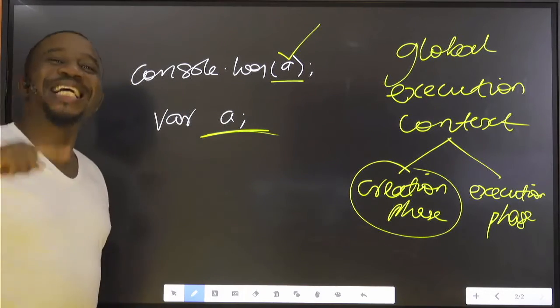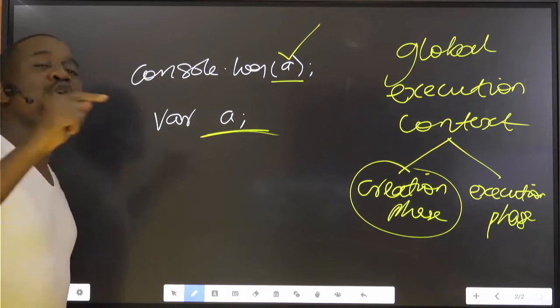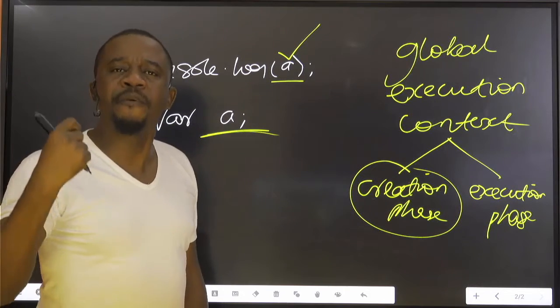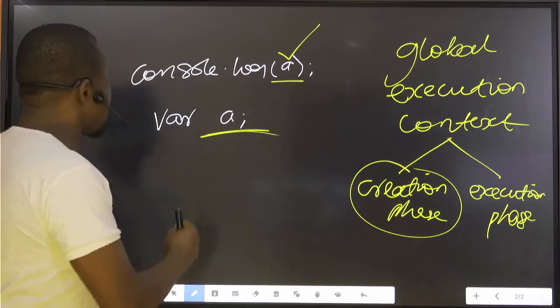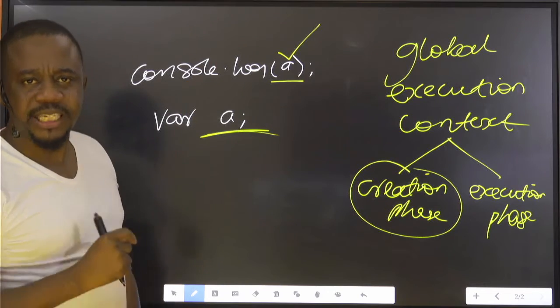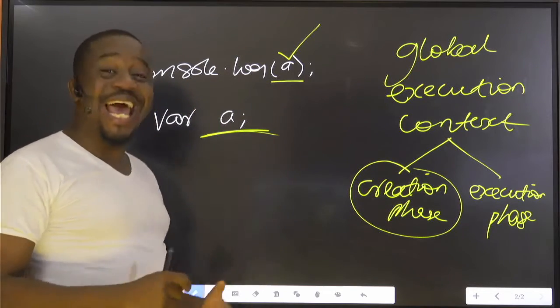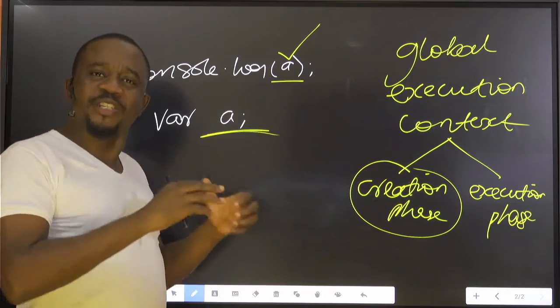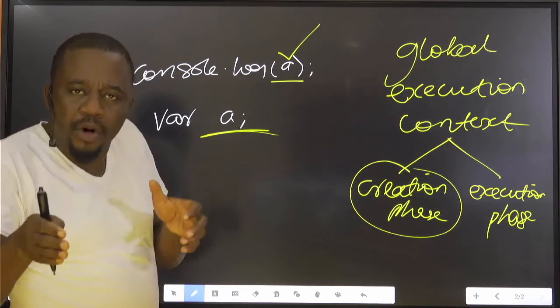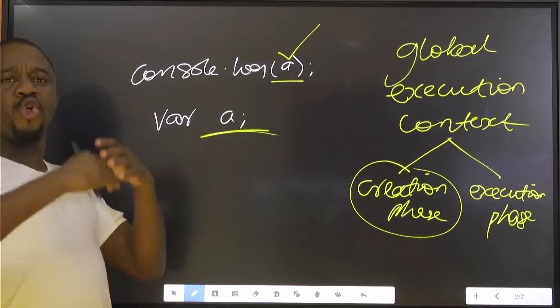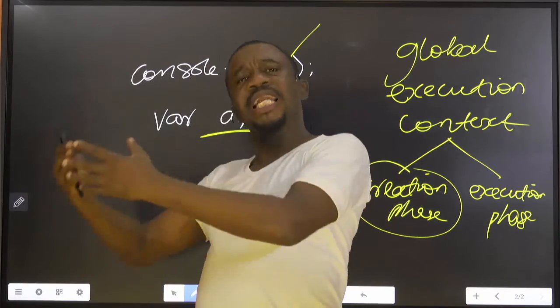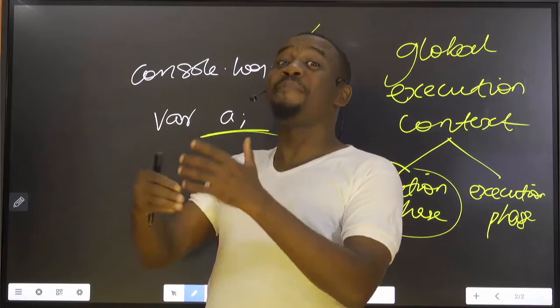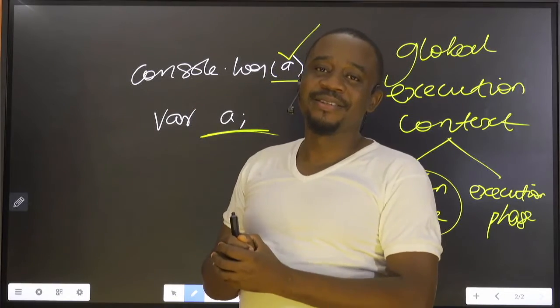So this idea of JavaScript allowing you to use a variable before you declare it is called hoisting in JavaScript. What we are seeing here is also the behavior you will see with functions. So this hoisting is possible with variables and functions. Using a variable before you declare it, it's like JavaScript is helping you to rewrite it.